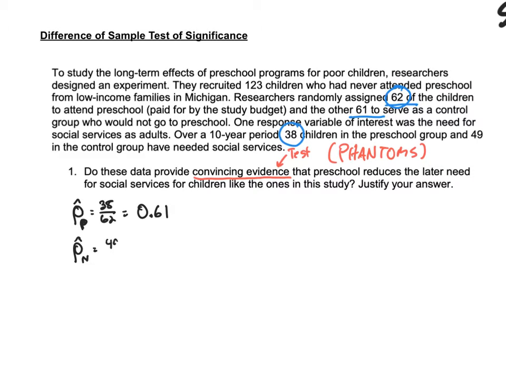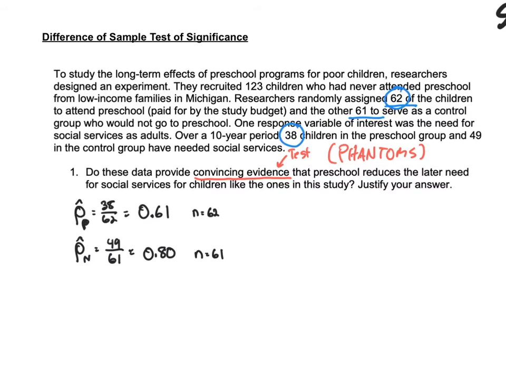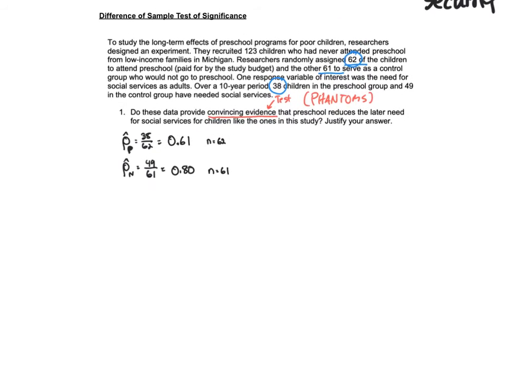Let's see, we had 49 in the control group out of the 61 that were there. 49 divided by 61, 0.80. Okay, that's some things that I see. Remember, this came with a sample size of 62. This came with a sample size of 61. Here's some things I know. All right, let's get into the phantoms. Here we go. Null hypothesis. This is a standard, so don't even try to change it.